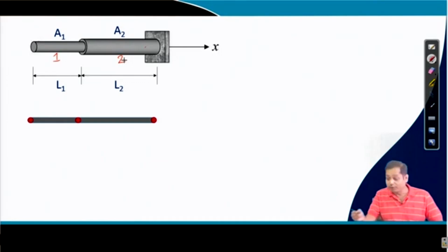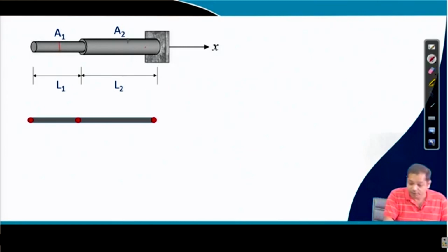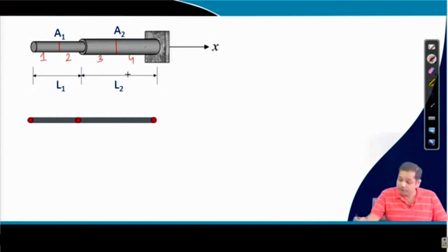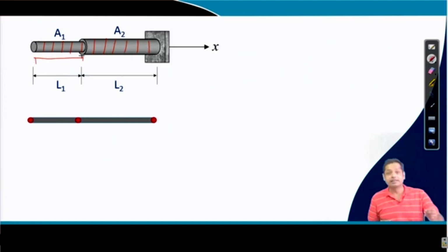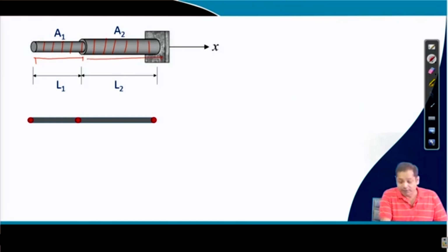If you wish, you can divide it into 4 elements, numbered 1, 2, 3, 4, or into any number of elements. All the elements belonging to this portion have cross section A1, and all the elements belonging to this section have cross section A2, and these will be the lengths of the individual elements. Here also these will be the lengths of the individual elements.